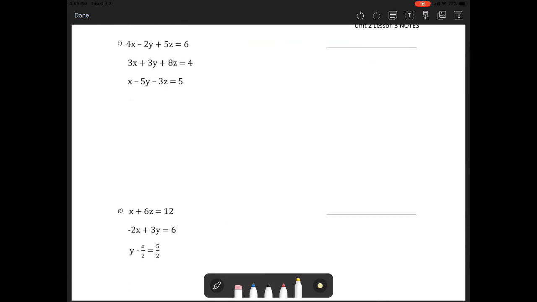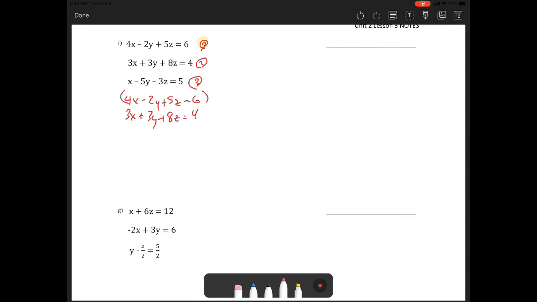Okay, so now we're going to go to F. Same thing, so it's going to be first equation, second equation, third equation. So I am going to go through this one a little fast since most of y'all have this set up already. So it's going to be 4x minus 2y plus 5z equals 6, and then I've got 3x plus 3y plus 8z equals 4.